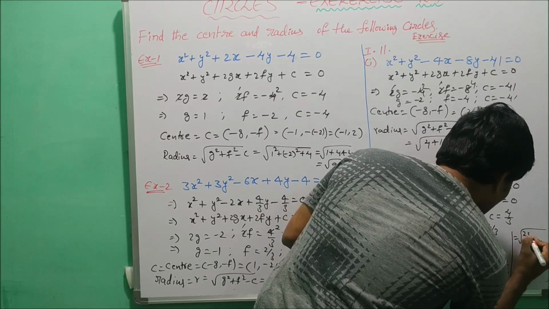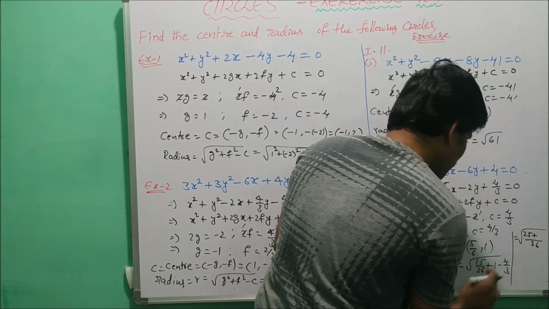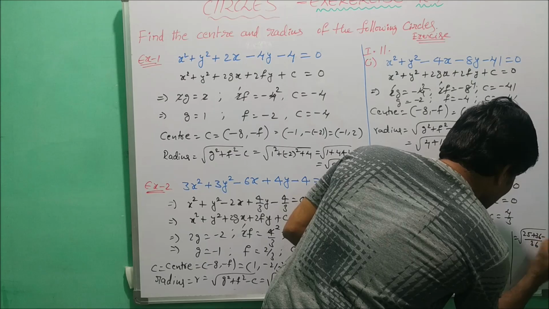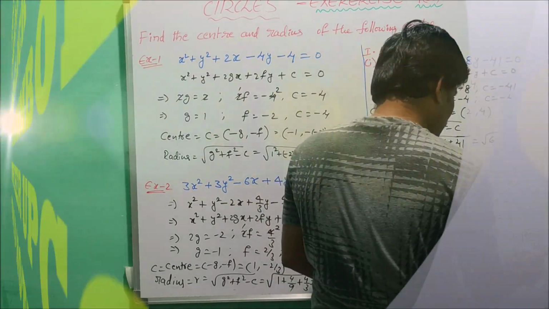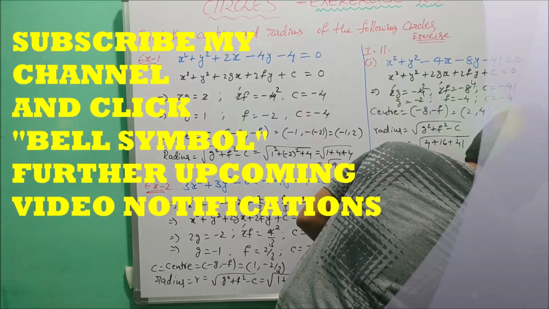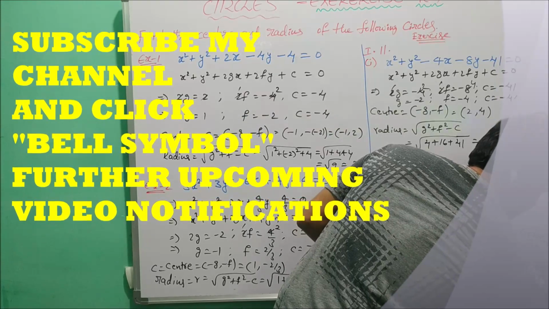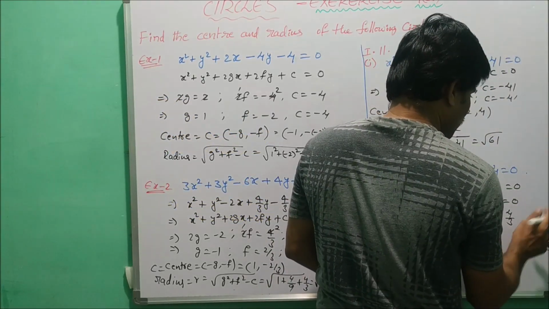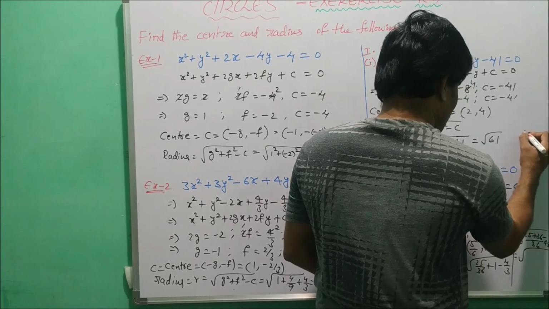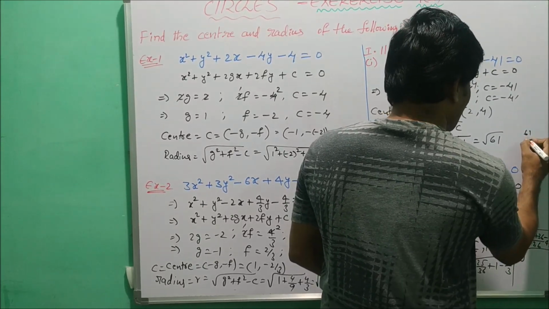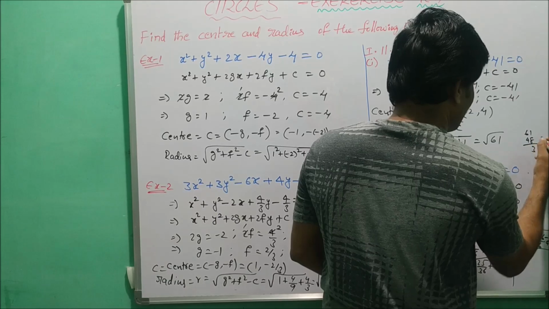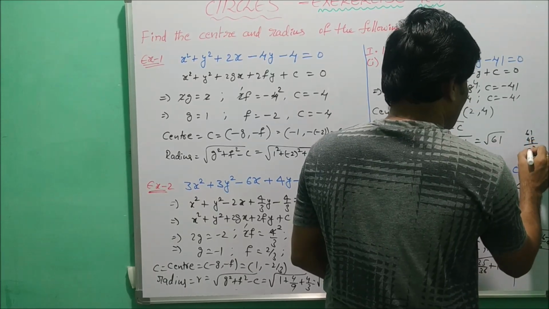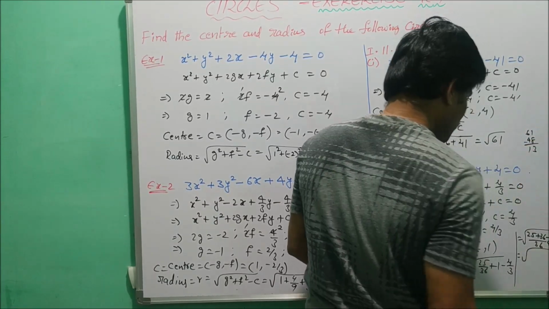Now in the numerator 25 plus 1 into 36, 36 minus 3 12 ja 36, 12 4 ja 48. Therefore 25 plus 36, 61. Subtract 48 from 61, this is 13.